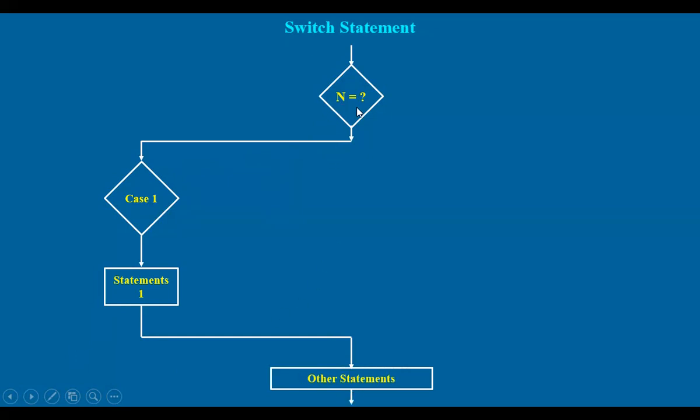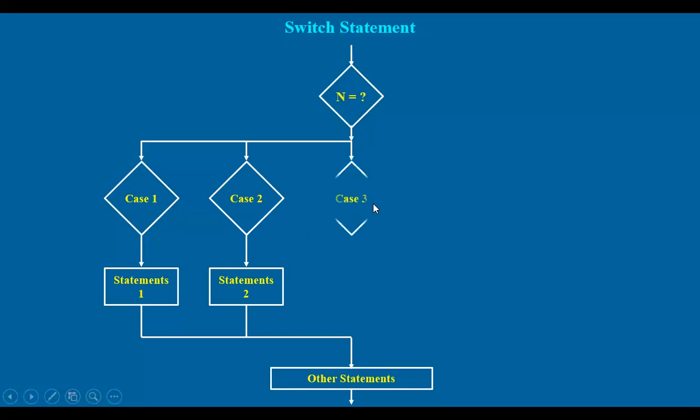Suppose n value is given as 2, then it is treated as another case and executes a different set of statements here and continues further. Suppose n is equal to 3. It is treated as a third case, a different case, and executes another set of statements here and continues further.